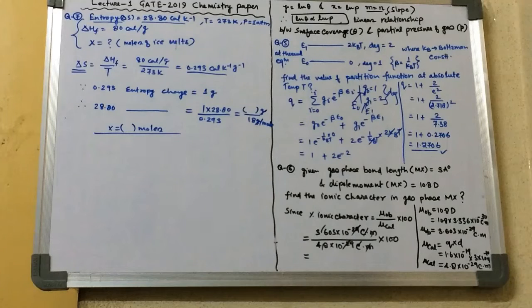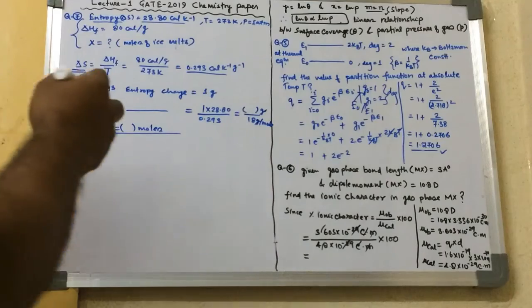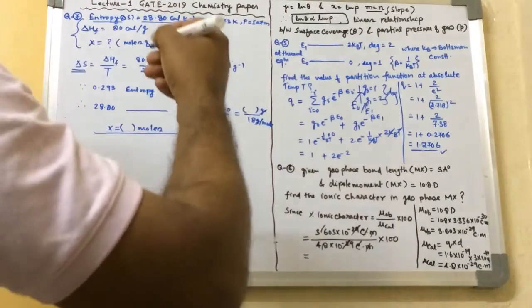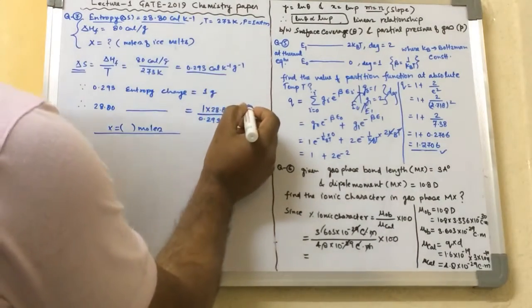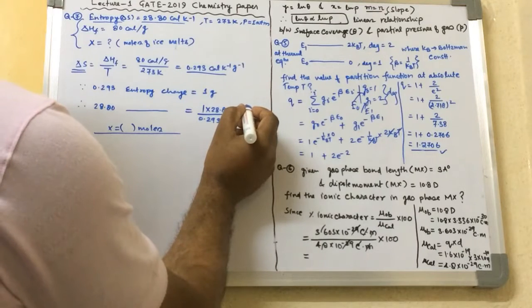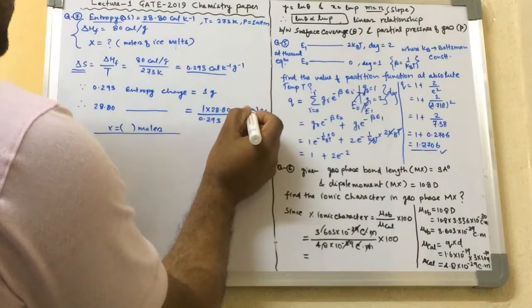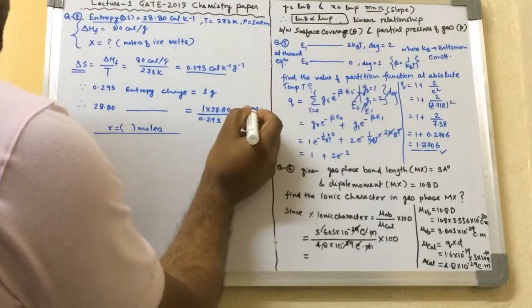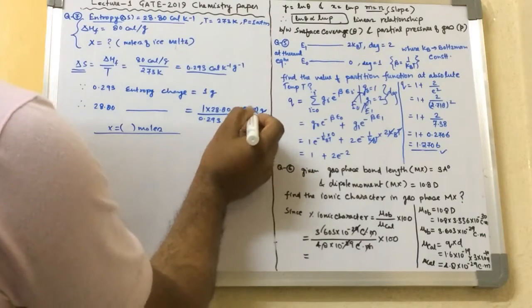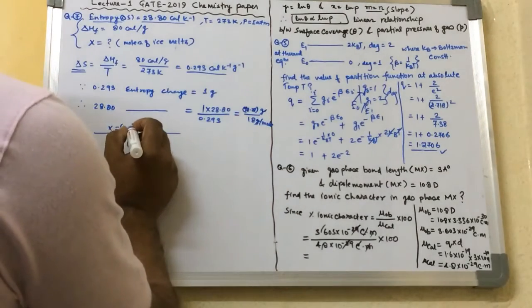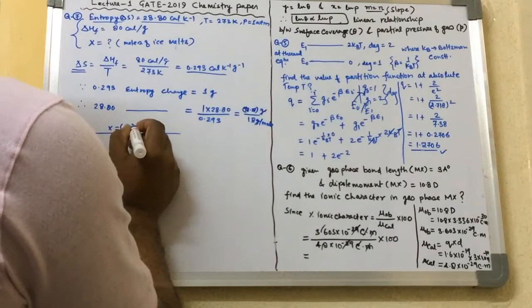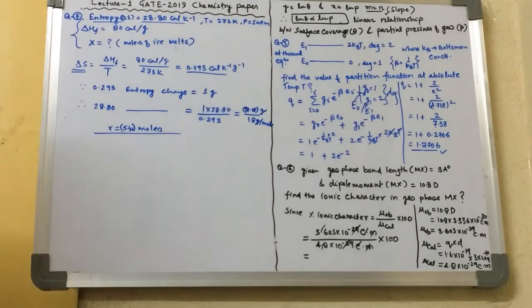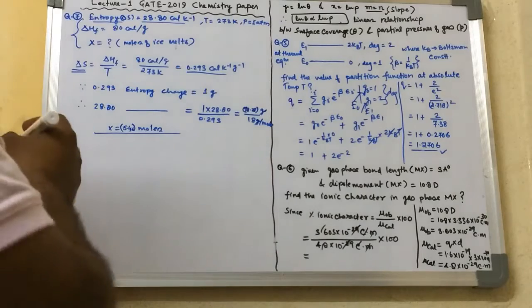After dividing this, you will get 98.28, and when you divide this by 18, you will get 5.46 moles.